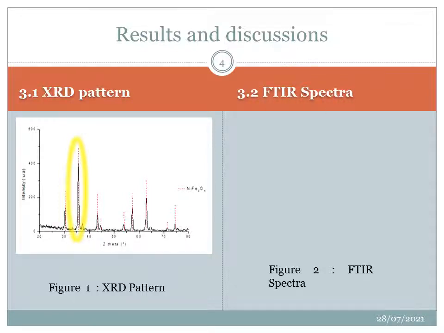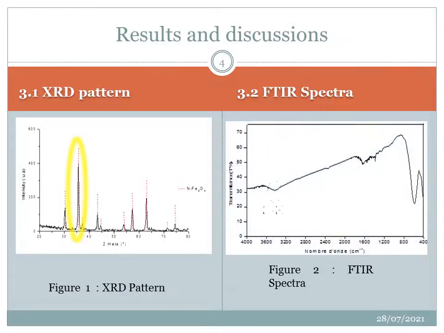The Fourier transform infrared spectra showed the formation and the presence of metal oxides: the band at 515 refers to nickel oxide, and the band at 1400 refers to oxygen vibration.